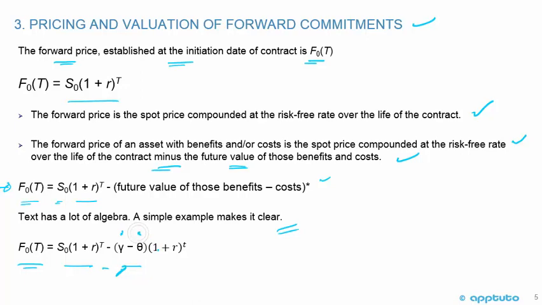This is the symbol that they're using for costs, and don't forget it's the future value, so it's times 1 plus r to the t, okay? So that's an important formula that you need to memorize. I would say first memorize in terms of words, then change it into the symbols, and it's not too difficult.